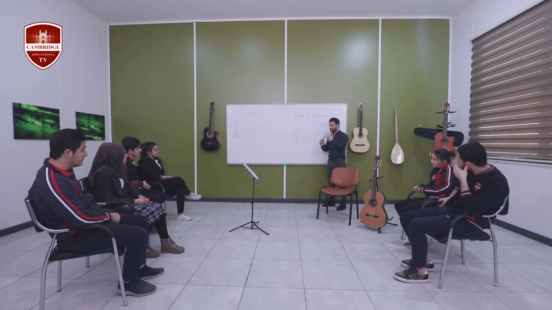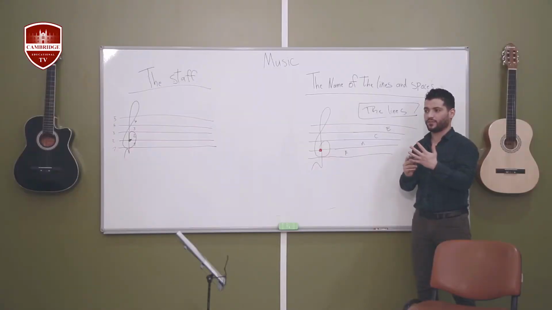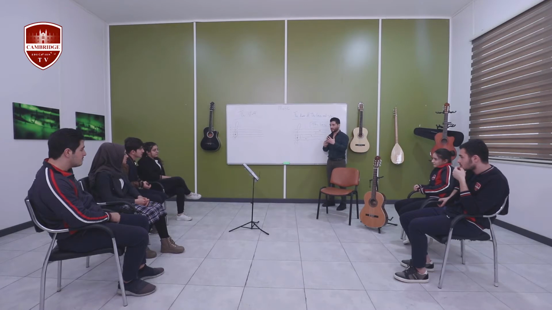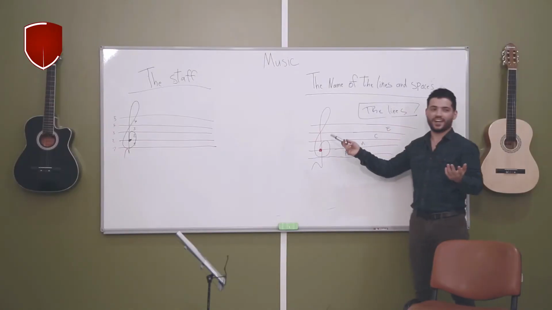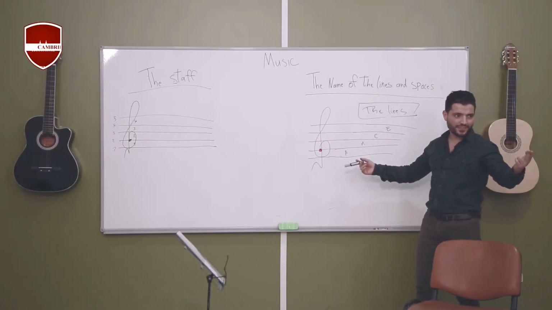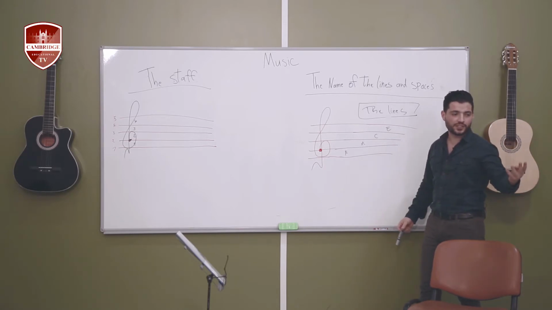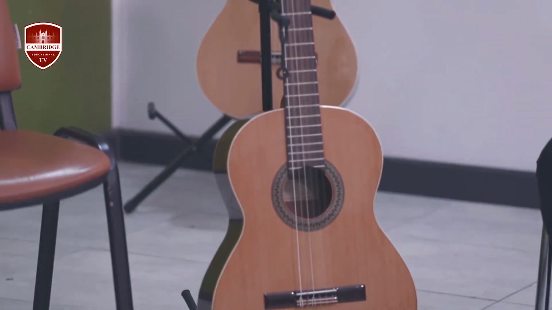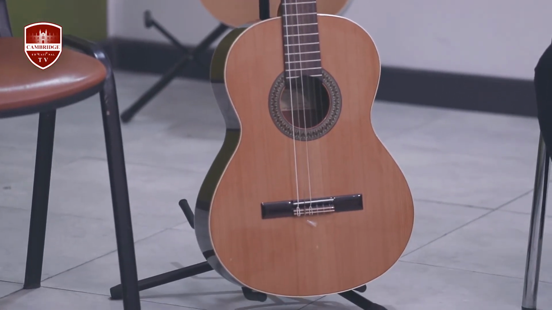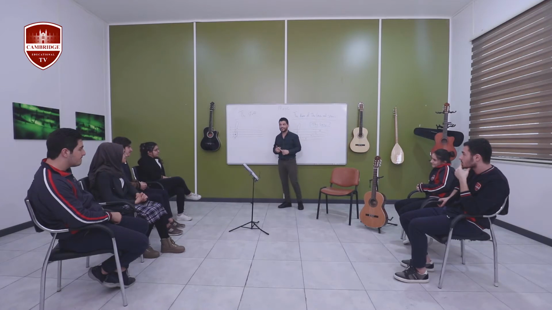First, if you just forget the sentence, what's the name of the first line? E, G, B, D, F. That's it. And the spaces? Face, which is the second space will be A. Any questions?